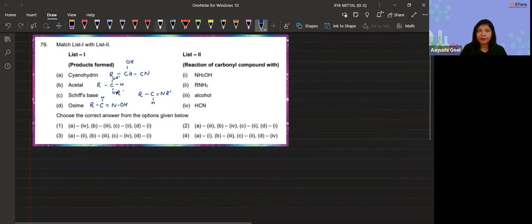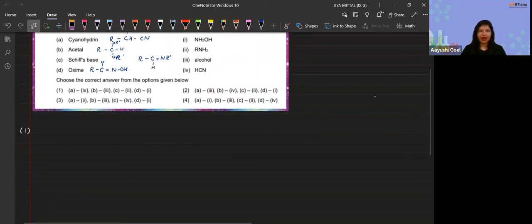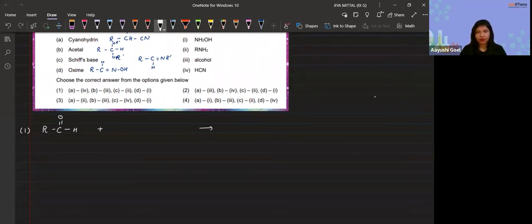Now how can we prepare these? Let's see the cyanohydrin first. How can I prepare cyanohydrin? I have to take the aldehyde, and it has to react with something to produce RCHOH along with CN.